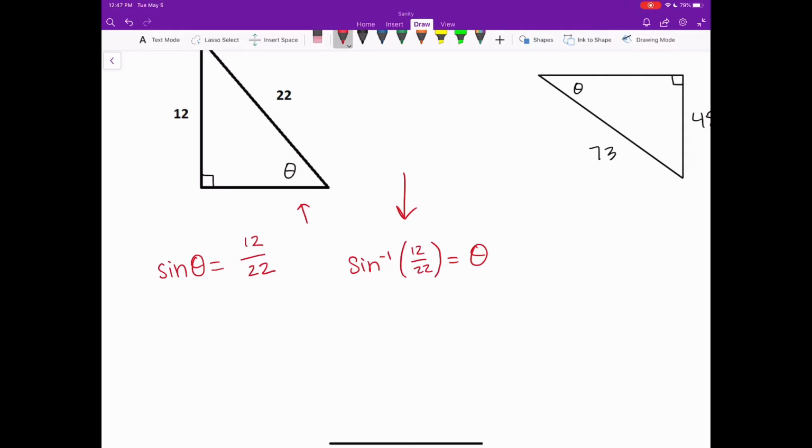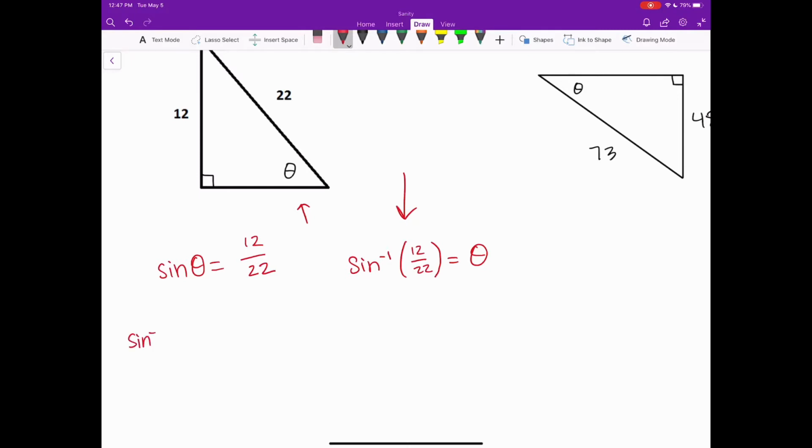Or if jumping from here to here doesn't make any sense, you could think about trying to solve this equation for theta. If I wanted to solve just for theta, I have to get rid of the sine. Well, how do I do that? We're just going to do the inverse function of sine in order to cancel it out. So essentially I'm taking the inverse of sine on both sides.